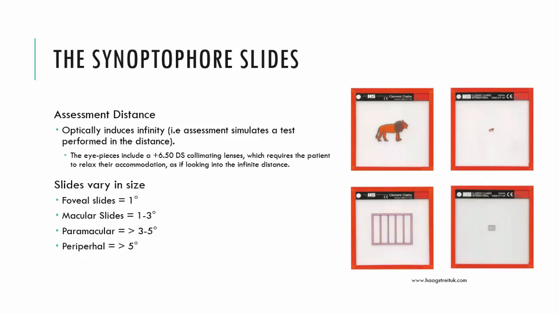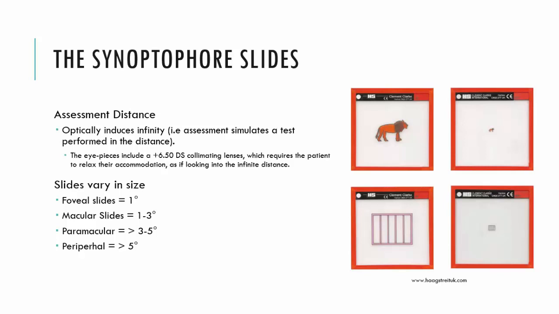Now, when you go on the Synoptophore in the prac room, you will notice that whilst it is simulating distance, there is a sense of nearness that you appreciate because you're looking through these tubes and those images aren't that far away.